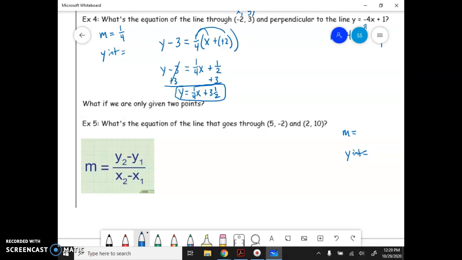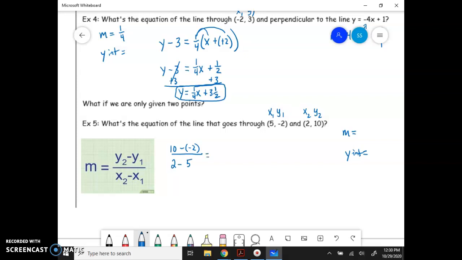So the first thing we need to find is the slope. So let's just label these out: x1, y1, x2, y2, and then we just go ahead and substitute these in. Right, y2 is 10. We do 10 minus y1, which is -2, over x2, which is 2, minus x1, which is 5.